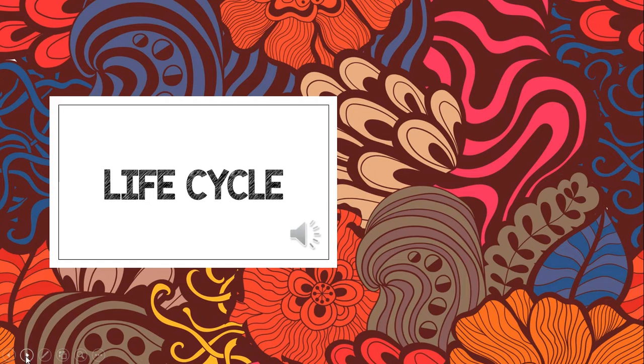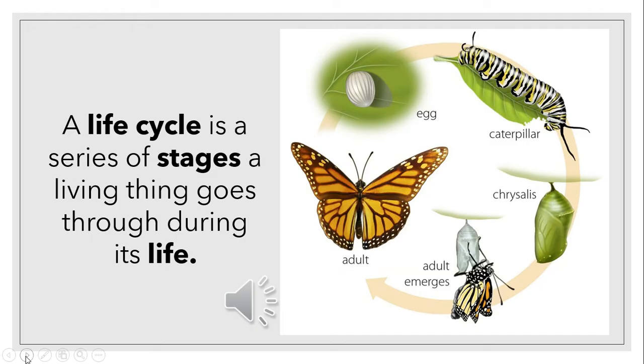Now let's learn about the life cycle of the butterfly. A life cycle is a series of stages a living thing goes through during its life. On this picture, you can see the life cycle of a butterfly.